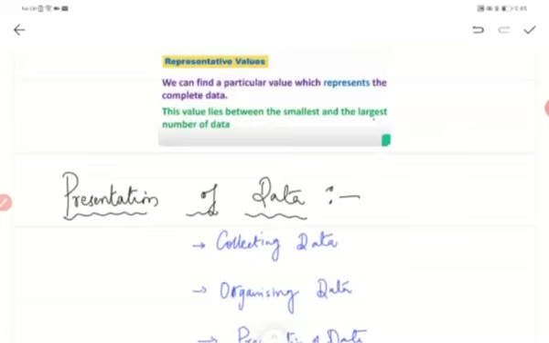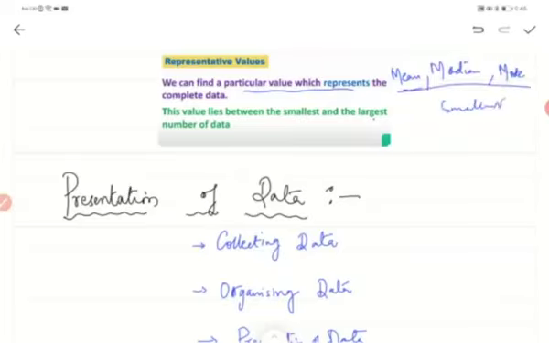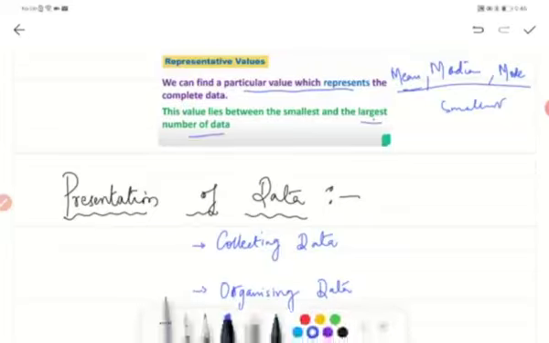We can find a particular value which will represent the complete data, like we have mean, then median, and then mode, right? We had seen these three values which represent the complete data. Okay, so all of them will lie between the smallest and the largest number of data, isn't it?